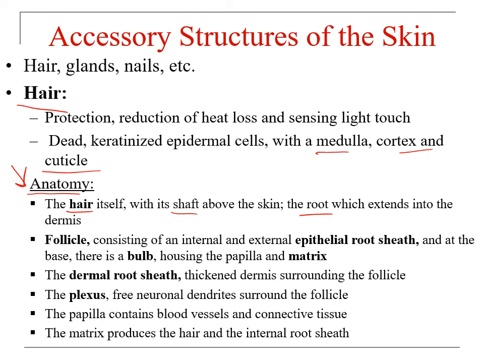So the inner medulla, which may be lacking in thinner hair, is composed of two or three rows of irregularly shaped cells that contain large amounts of pigment granules in dark hair, small amounts of pigment granules in gray hair, and a lack of pigment granules and the presence of air bubbles in white hair. As for the middle cortex, it forms the major part of the shaft and consists of elongated cells.